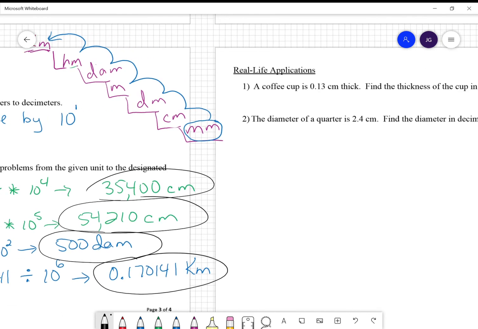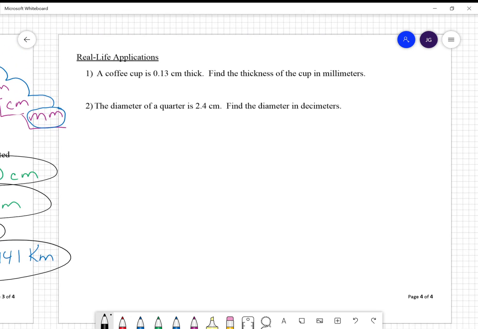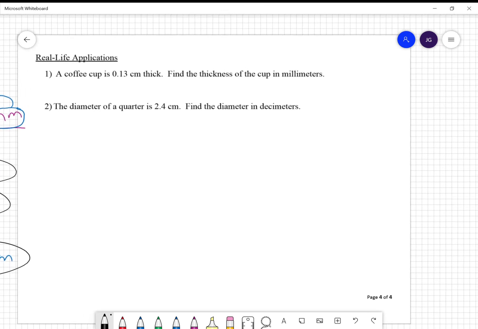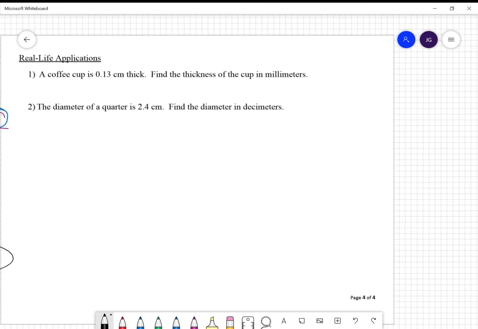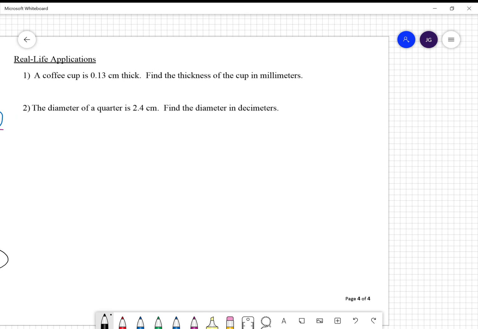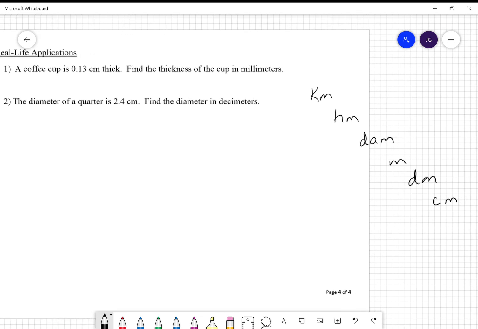Okay, real life applications. A coffee cup is 0.13 centimeters thick. Find the thickness in millimeters. King Henry drinks milk during castle meetings.